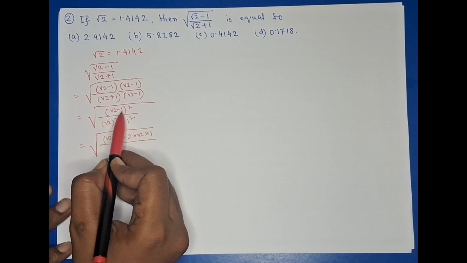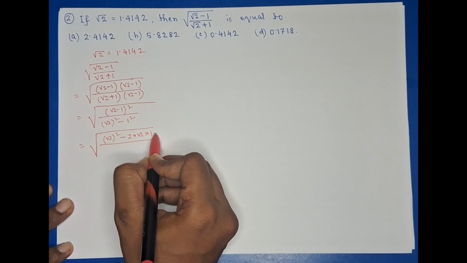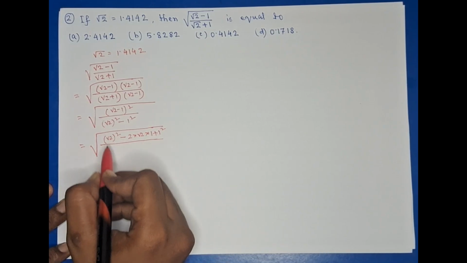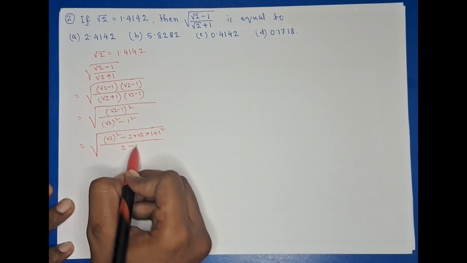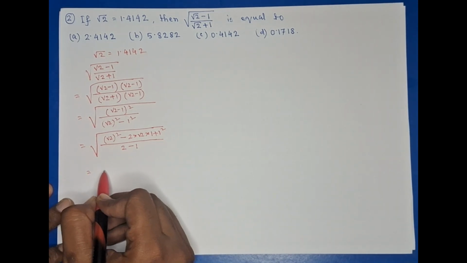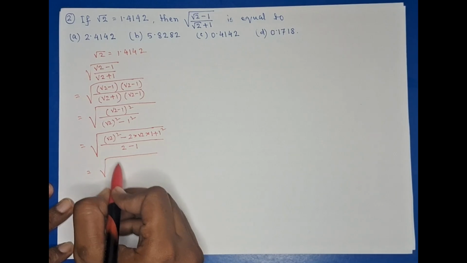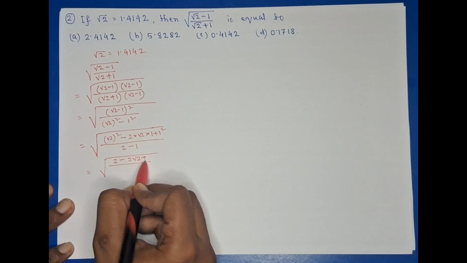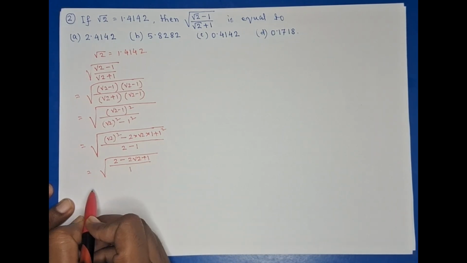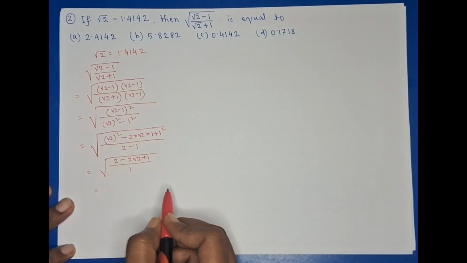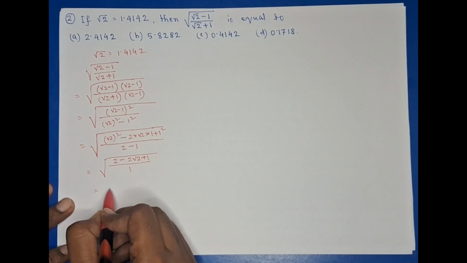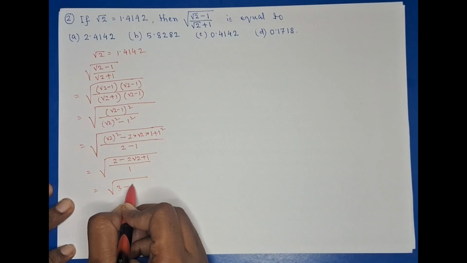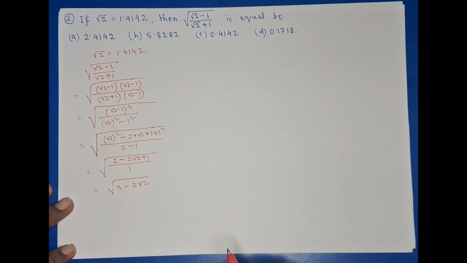Here root 2 is a and 1 is b, and in the denominator root 2 square means 2 and 1 square means 1. Root 2 square means 2, minus 2 root 2 plus 1, by 1. So we can write it as 3 minus 2 root 2.